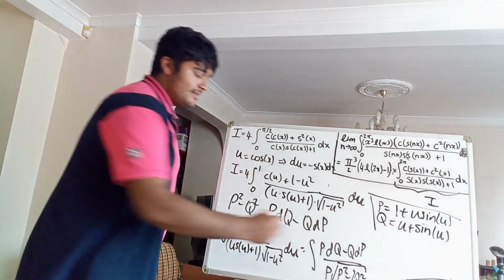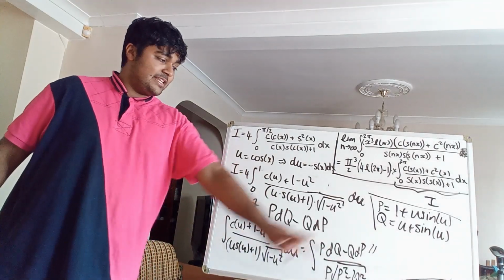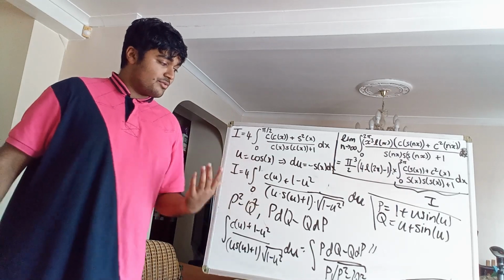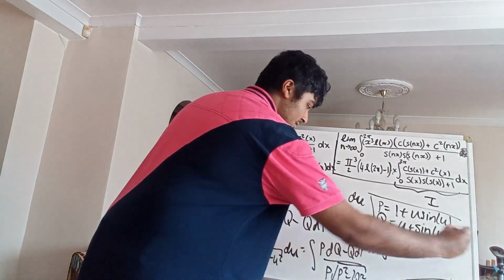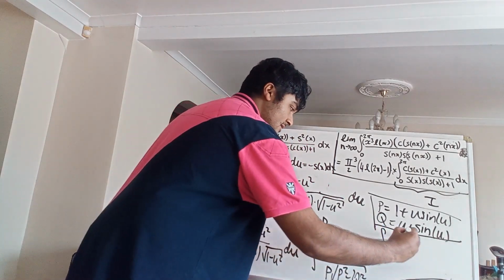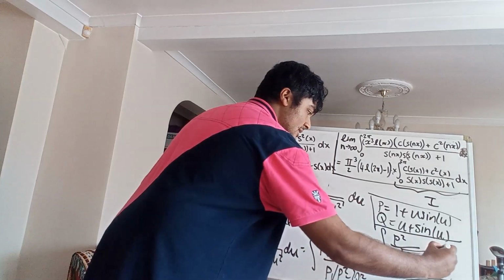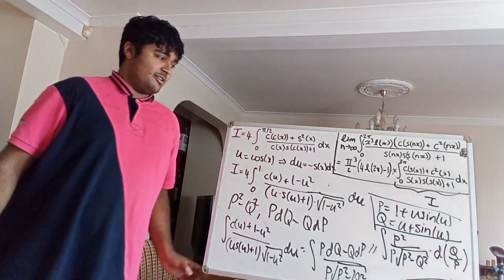And this guy here, what's that going to be equal to? Well, as I said, this top thing here, p dq minus q dp, is very similar to the quotient rule. So this is actually going to be equal to the integral of p squared all divided by p times the square root of p squared minus q squared times d of q over p, like so.